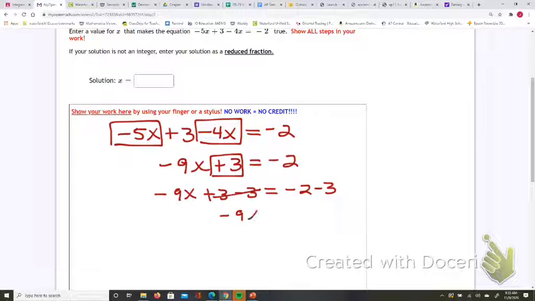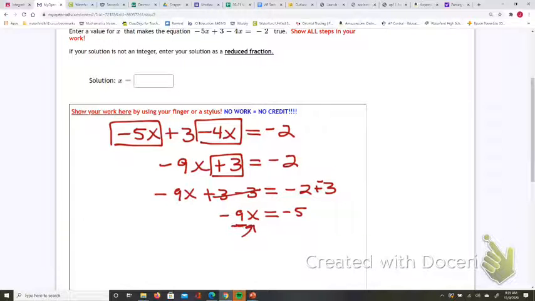Then we have negative 9x equals, okay, make this plus the opposite. So I have 2 negatives plus 3 more negatives. If they're all negative, I combine them, so I have 5 negatives. Now I'm ready to do the last step in solving. I find my x, and I need to undo the multiplication.